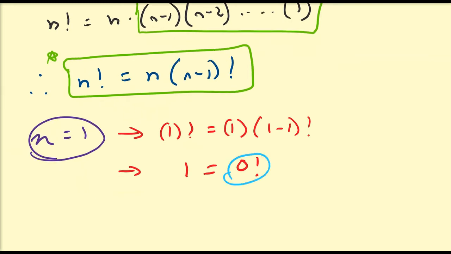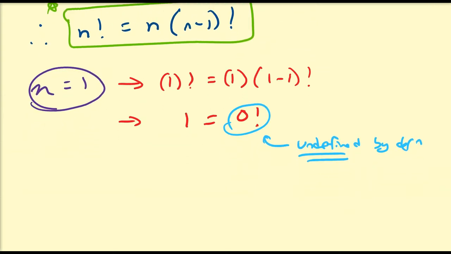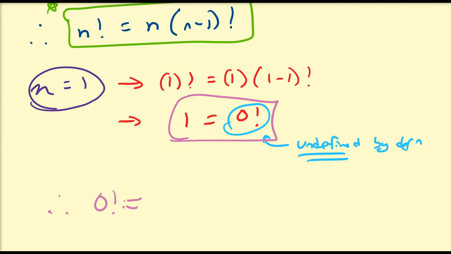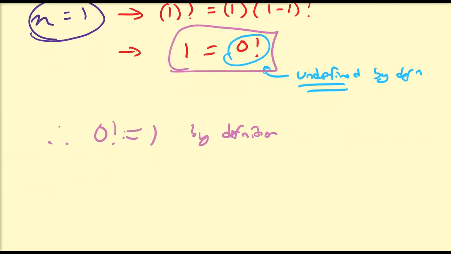We know that this expression is undefined by the definition that we take. So what we can do is define 0 factorial to be equal to 1 by definition.